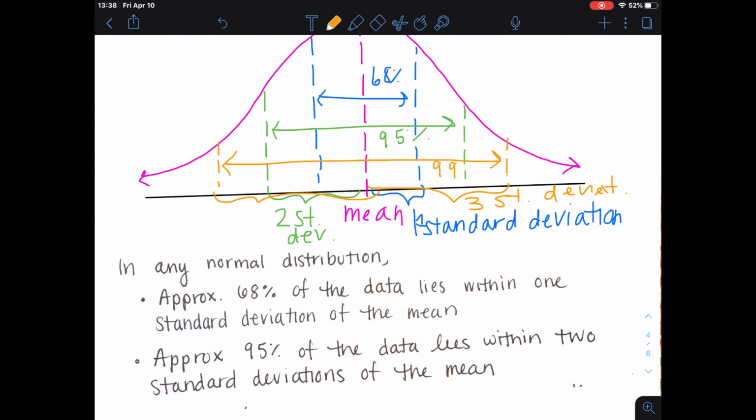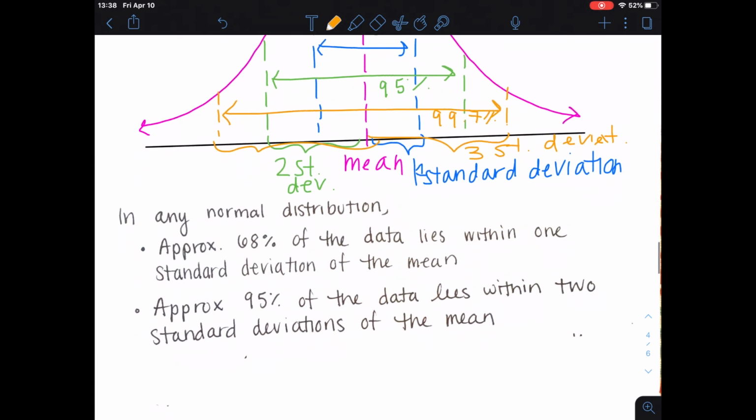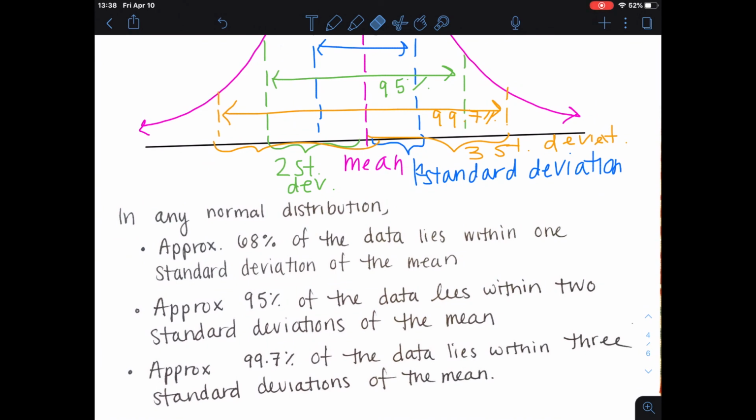It's going to be 99.7% of the data. So everything is going to occur close to the center. If you go out 4 standard deviations, it would be like 99.8 or 99.9. But there's not many that are going to lie very far from this central tendency measure.